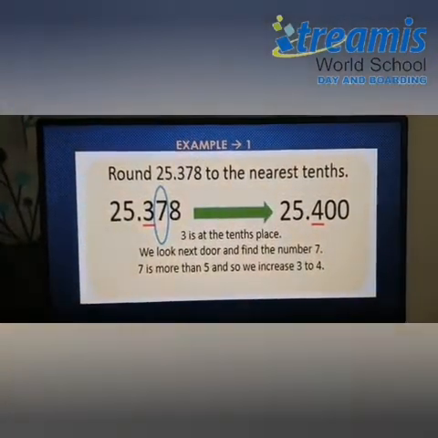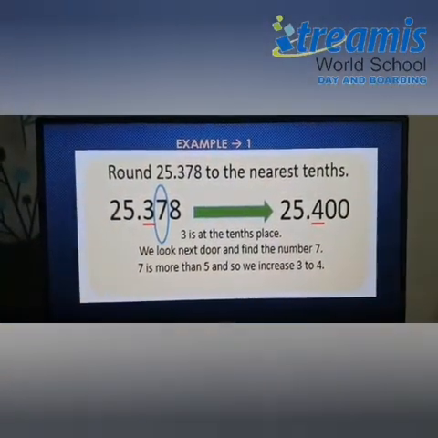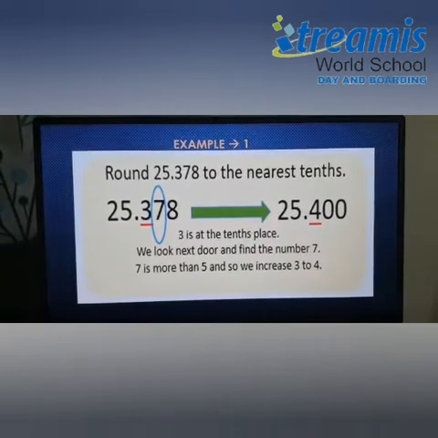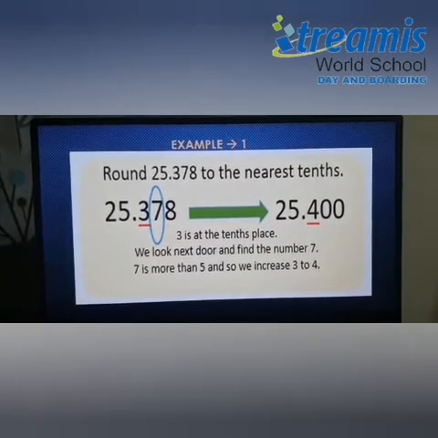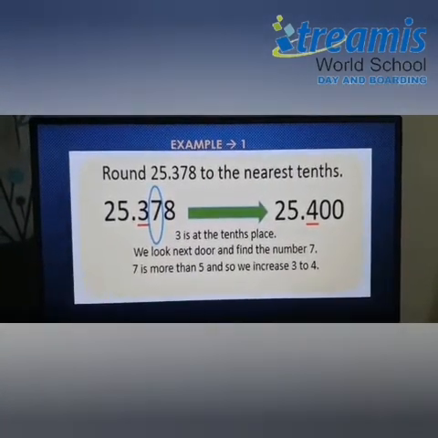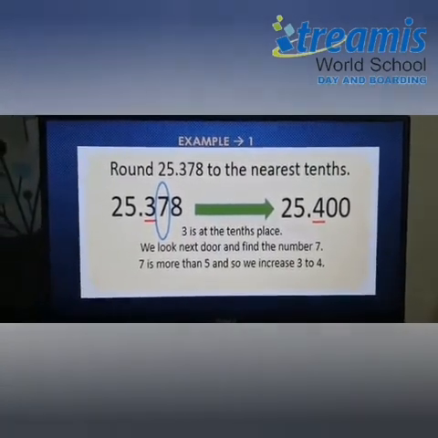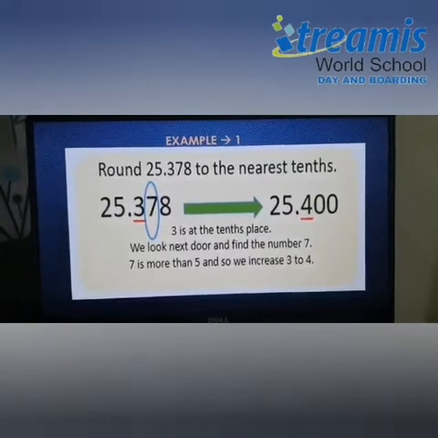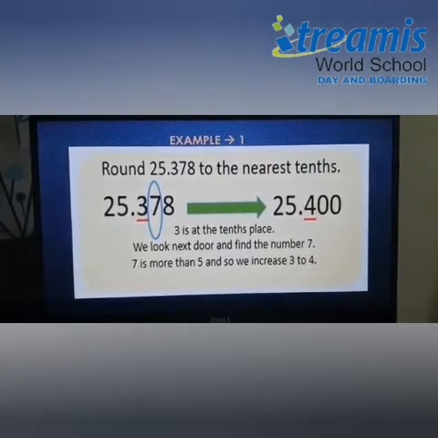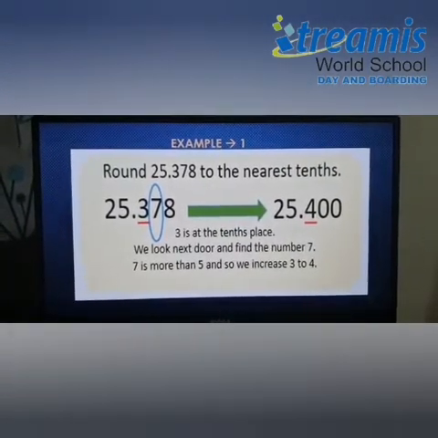So this is the first example which we are going to discuss. Here I have taken the decimal number 25.378 and I have to round off this number to the nearest tenth. So children, 3 is at the tenths place, underline it. We look next door and find the number 7.